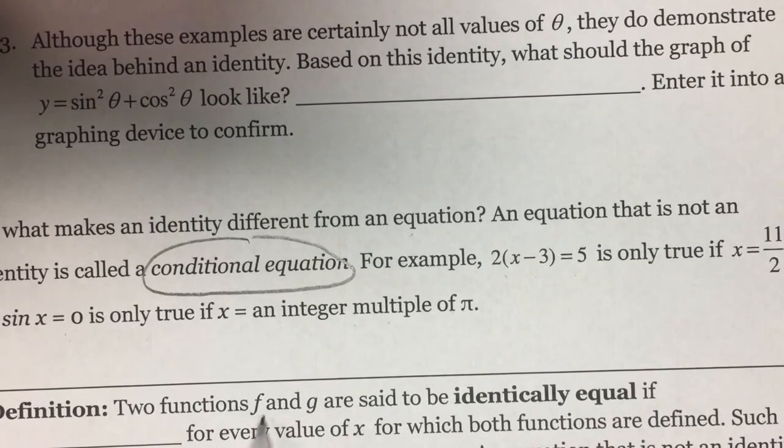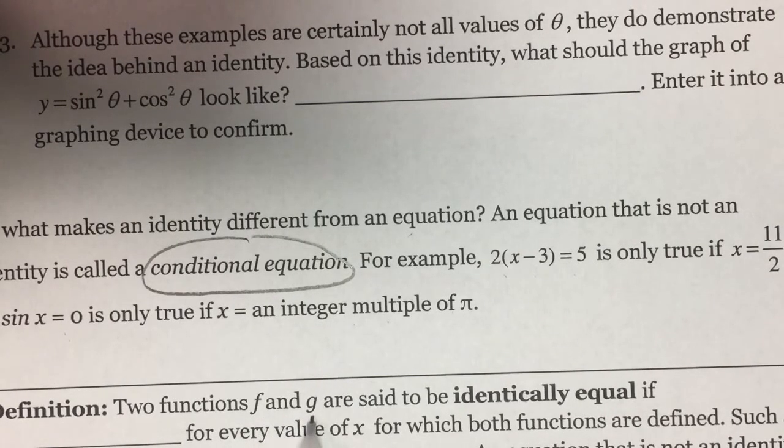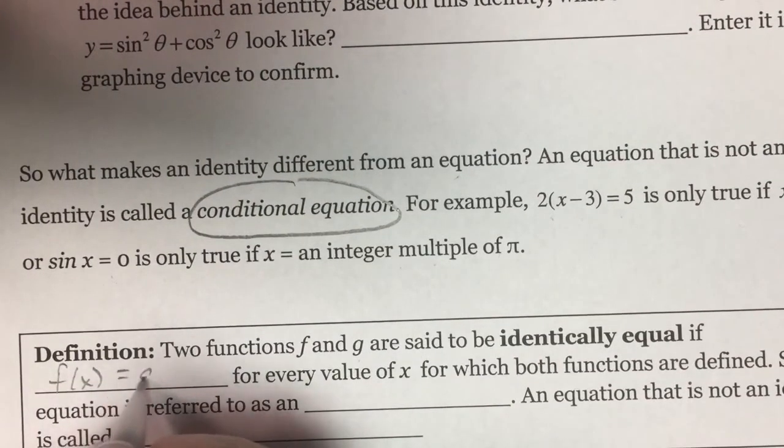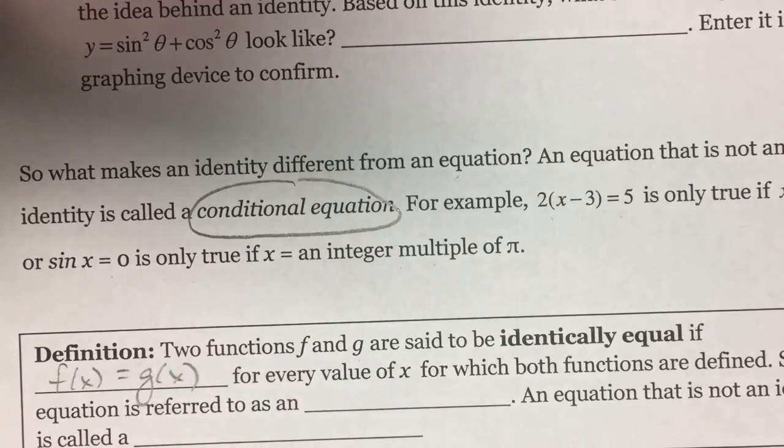Two functions, f and g, are said to be identically equal if f of x is equal to g of x for every value of x for which both functions are defined.